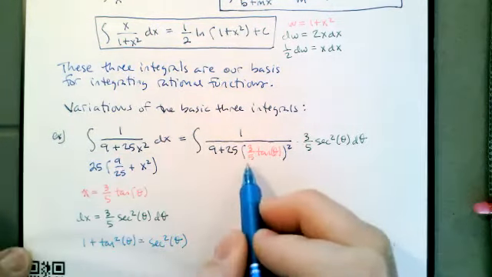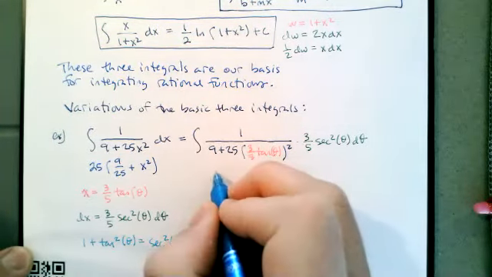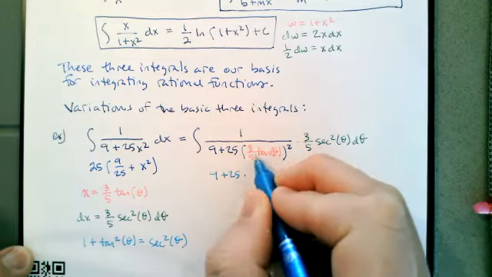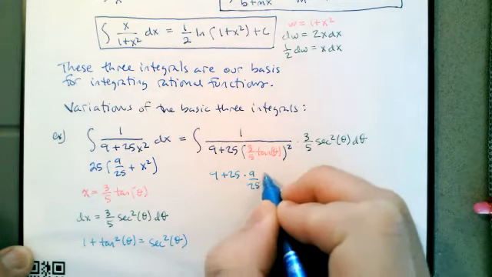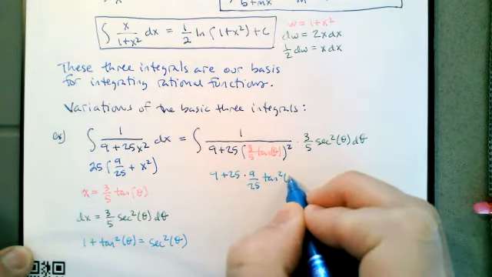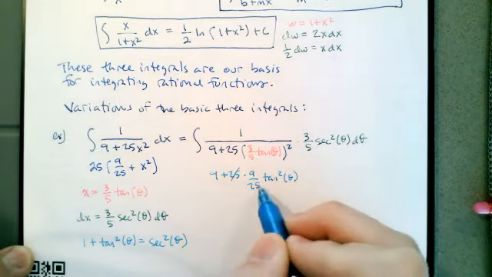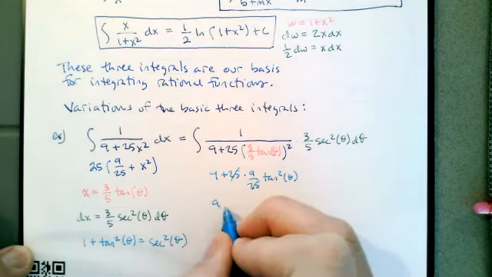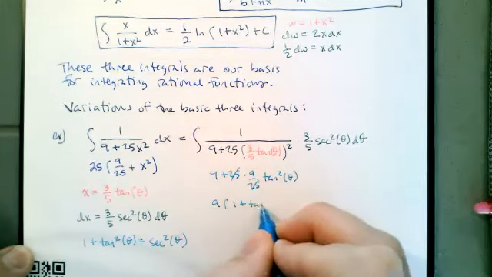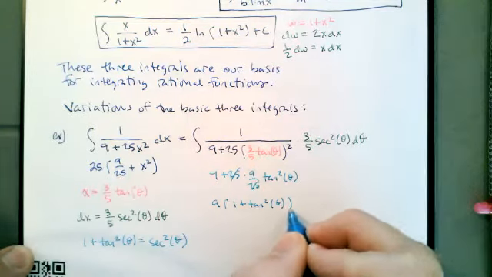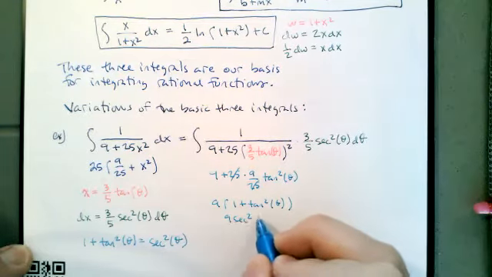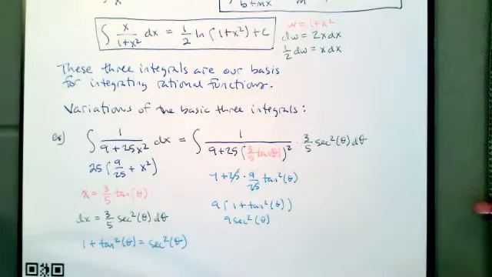So 9 plus 25 times (3/5 tangent theta) squared is going to be 9 plus 25 times 9/25 tangent squared theta. And then the 25s cancel out. That's why we needed a 3/5 and not just a 3. And so this is going to be 9 times 1 plus tangent squared theta, which is 9 secant squared theta. Notice that this is not under a square root.